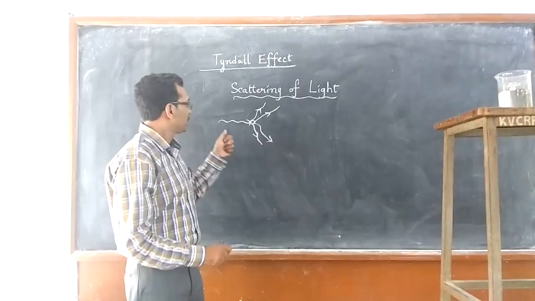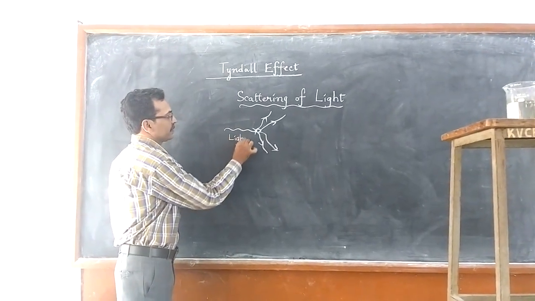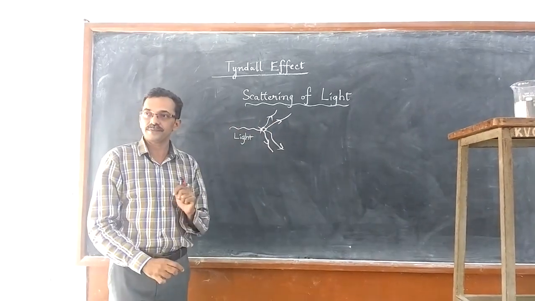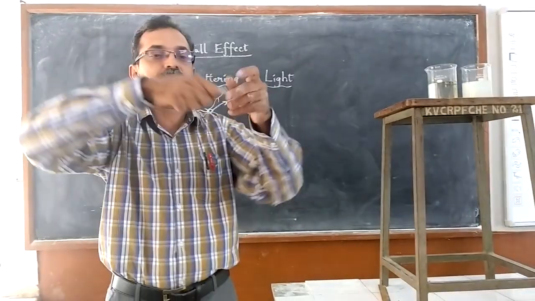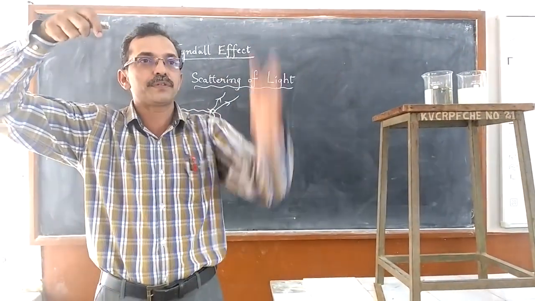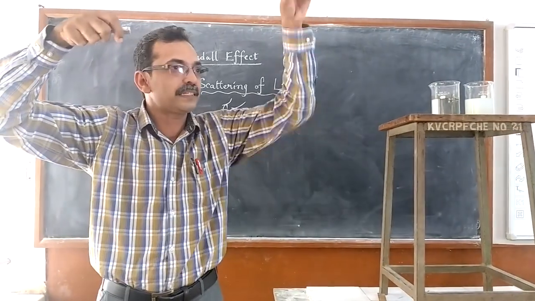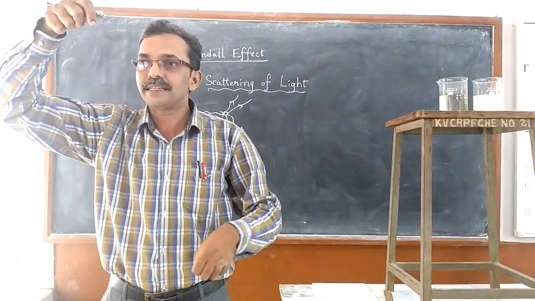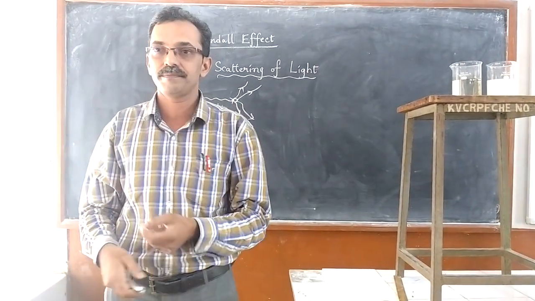Let us suppose this is the light which comes from this direction. Previously, we were unable to see any light. The reason is, in between there are particles in the medium, but the size of the particle is very small.